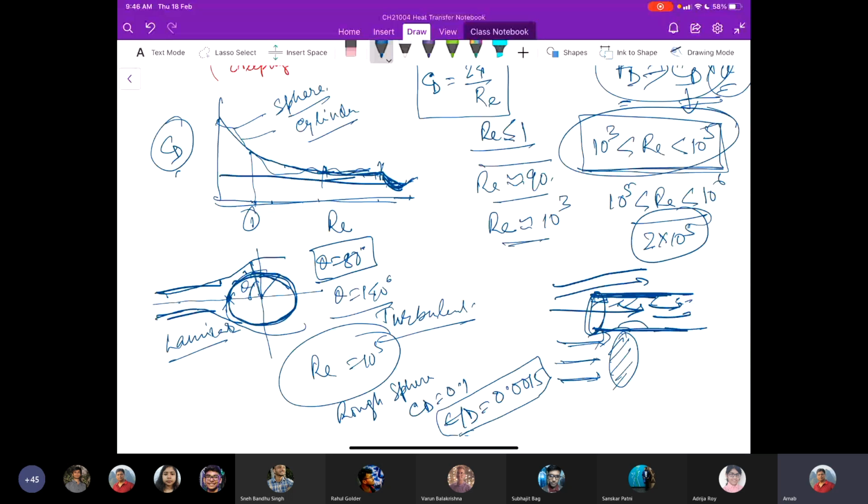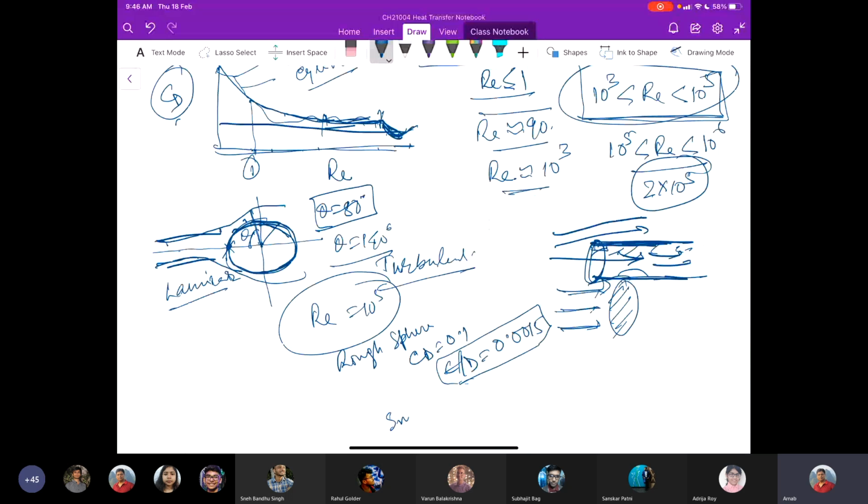Surface roughness magnitude divided by the diameter. Whereas for a smooth sphere, the CD value is 0.5. Which means you are reducing the drag coefficient by a factor of 5 just by introducing some roughness of this magnitude.